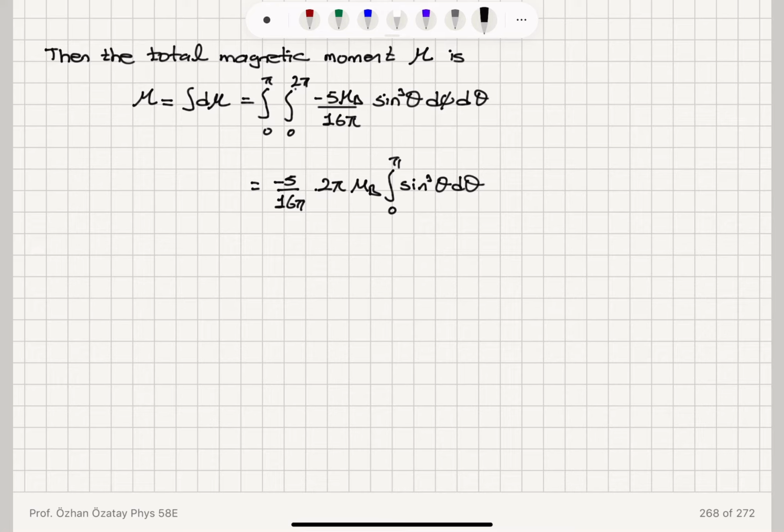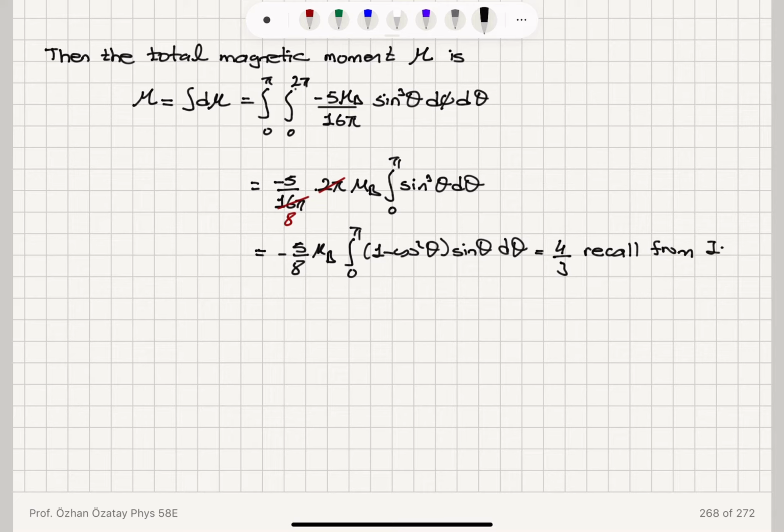And this is going to give me 2 pi, will get rid of this 16 pi and make it 8. So minus 5 over 8 Bohr magneton, integral from 0 to pi of (1 minus cosine square theta) sine theta d theta. And this we have performed several times. We can recall that the end result is 4 over 3. So you can recall this from the moment of inertia calculation, from the I_z calculation.